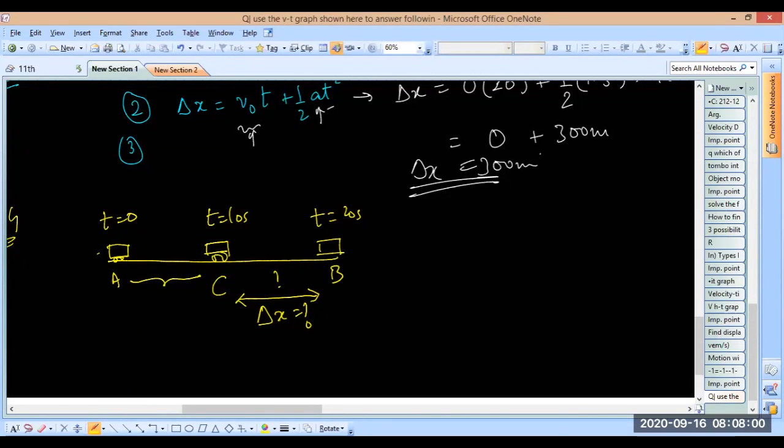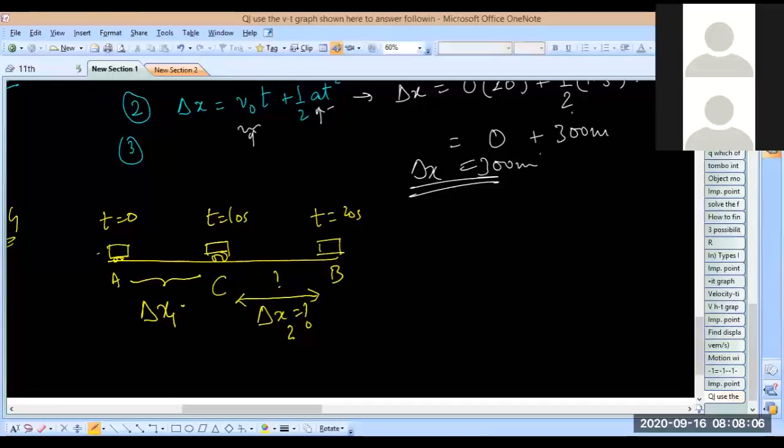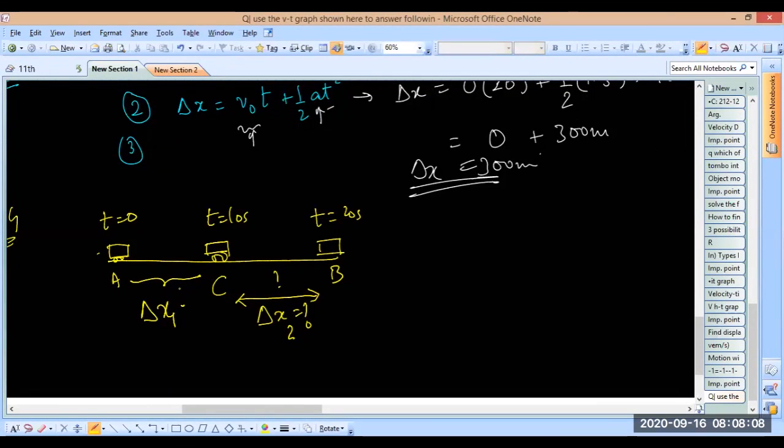Let's call this delta x2, and let's call this delta x1, the displacement in the first part. We have already found out the total, it is 300 meter, correct? So if you want to find delta x2, that's our answer, then delta x2 should be equal to 300 minus delta x1.